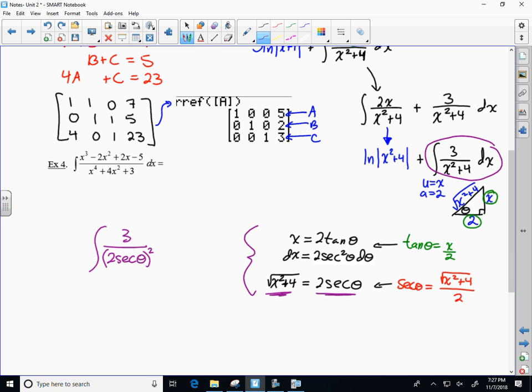The dx is just 2 secant squared theta d theta. And we get some good cancellations, like really good cancellations. The 2 goes into 4 twice, so it ends up being 3/2 d theta, which is 3 over 2 theta.